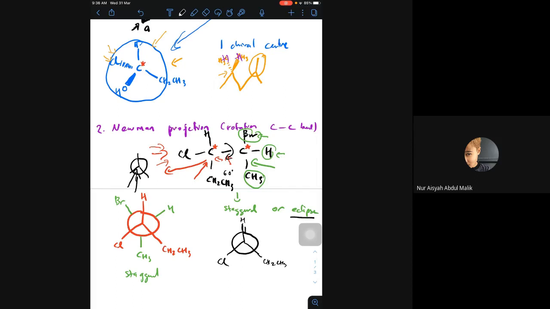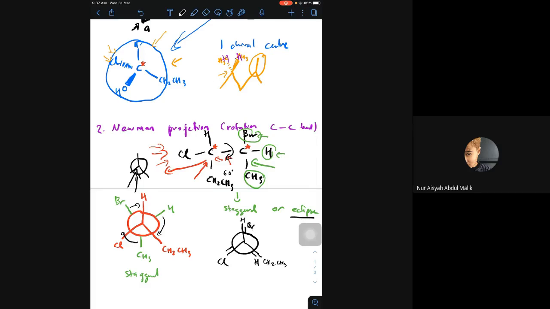Then once you draw this, you draw all three bonds: one, two, and three over here. So you can have your Br. From here, it is rotated, so Br will go to this side.